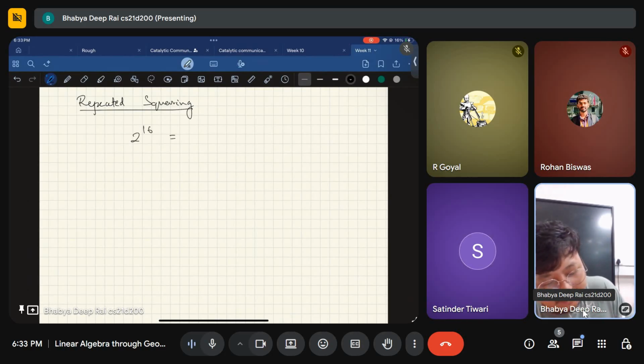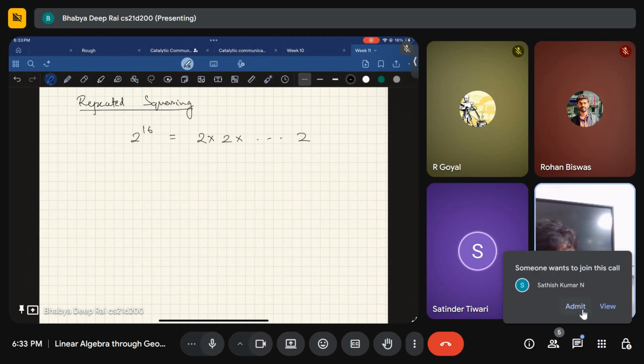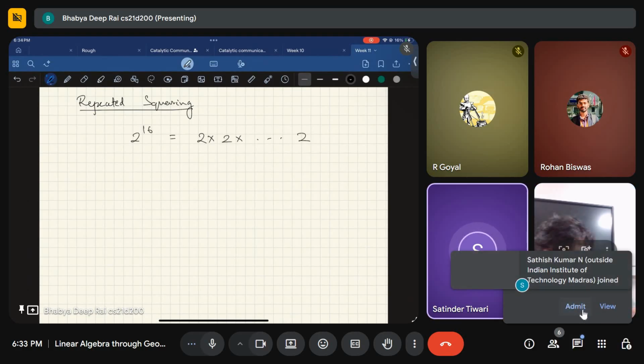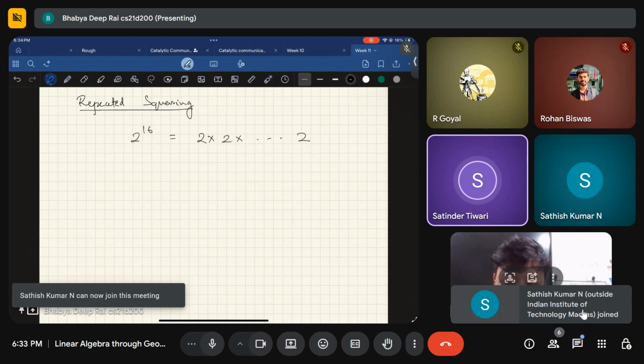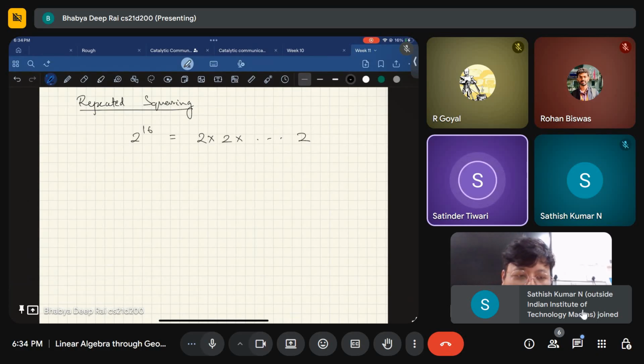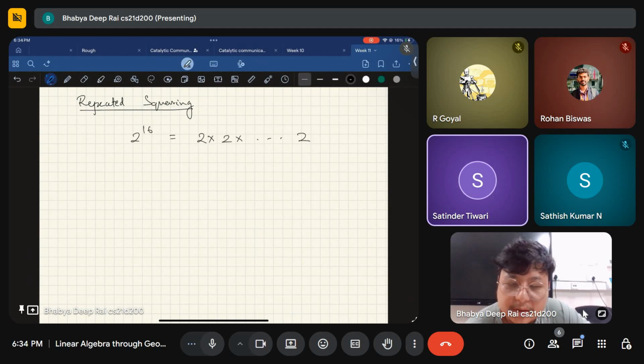Okay, then you can either, yes, Satinder, any question? Yes, I was saying any power has been explained, I think in Vedic maths, by Bhaskaracharya. Same method you are discussing. Suppose I want 2 power 30, first I divide 30 by 2, so I get 2 power 15.